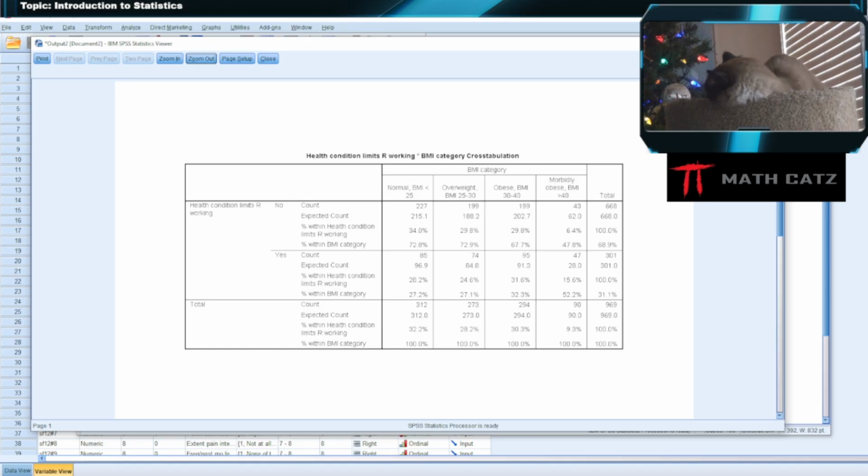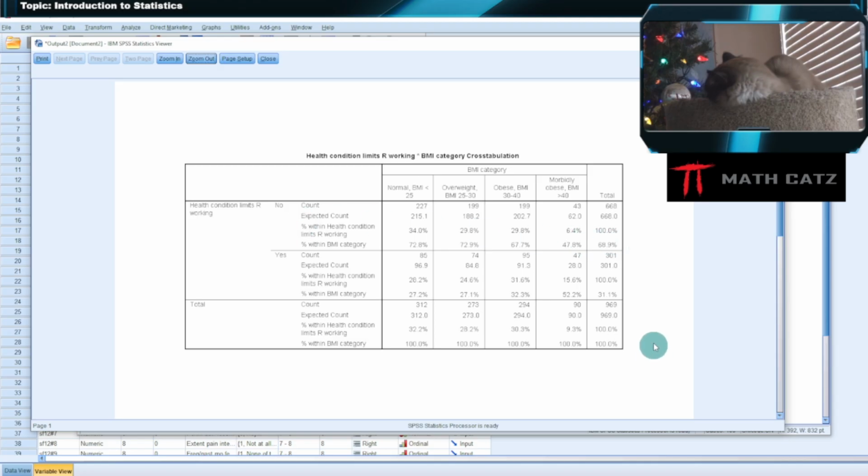So remember what the test for independence is essentially doing. We have women that did not have any health limitations and women that did.